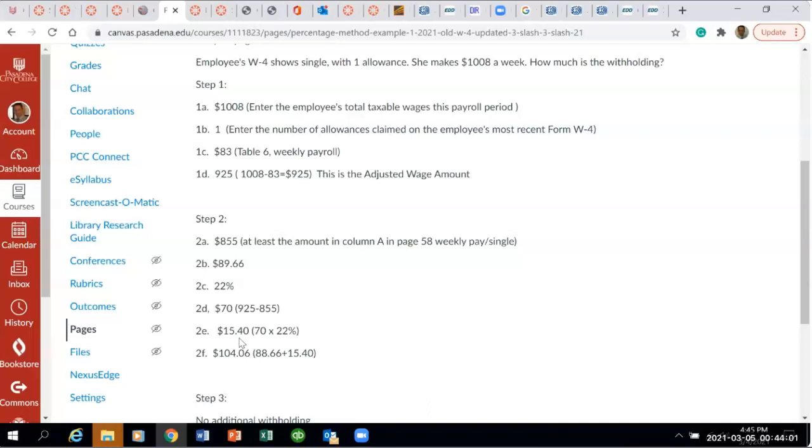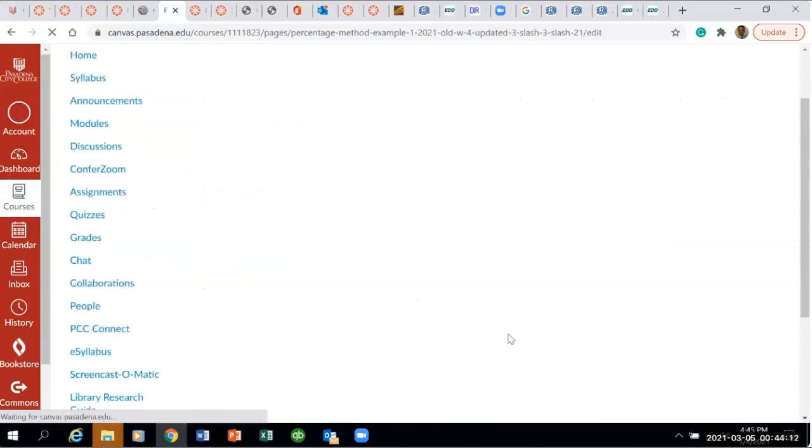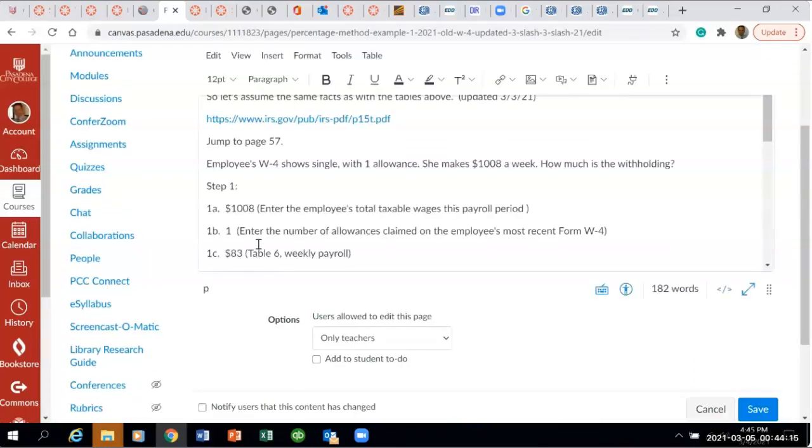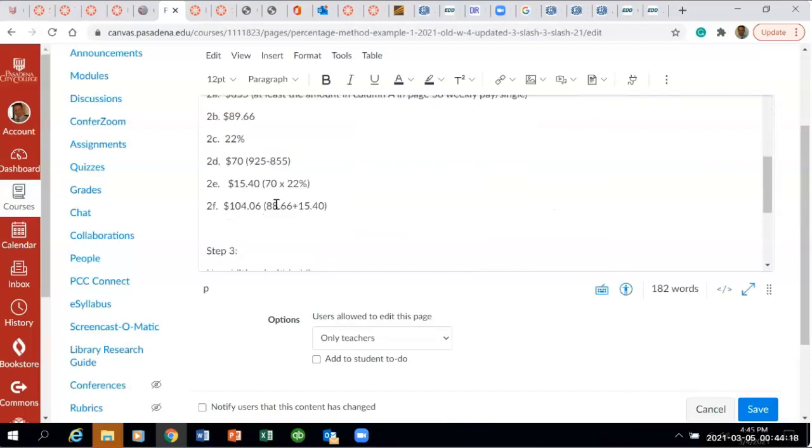So now we have a standard $89.66 tax, and let's calculate that. 89.66 plus 15.40 equals 105.06.